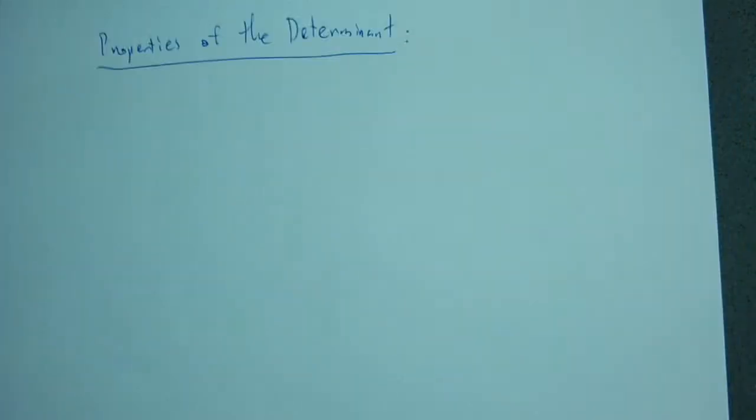So now let's talk about some properties of the determinant. It might seem a little bit mysterious that we have this quantity that is algebraically kind of complicated, the way that it's defined. It's not 100% intuitive what's going on here, but it's a very important thing associated to a matrix.